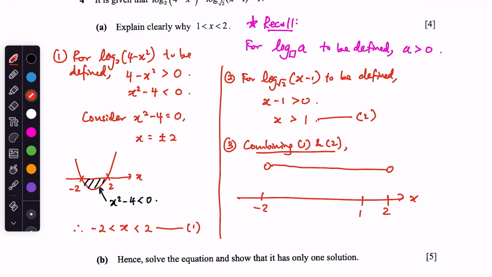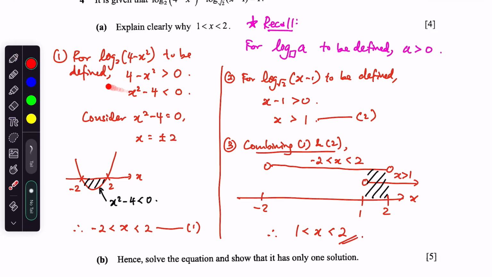That just means that negative 2 and 2 themselves are not included in the inequality. The second inequality is that I have 1 and above, more than 1. So the overlap is this part. Therefore, x is between 1 and 2. Done. So the explanation part is actually the first two steps. The last step is just to round things up.